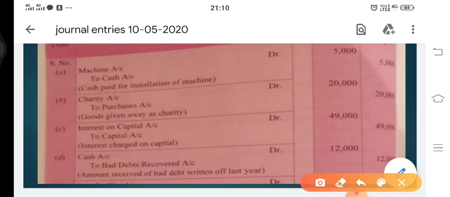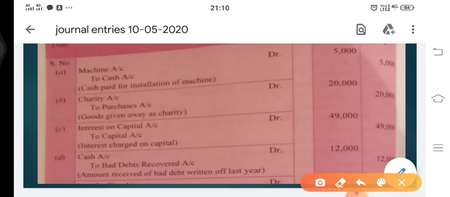So it was a loss, and loss has to be debited. But today what is happening? That customer has returned to me and paid me the balance. That means bad debt is recovered. So when bad debt was a loss, and if I have recovered my loss, it means that I have made a profit, and because of profit it needs to be credited.